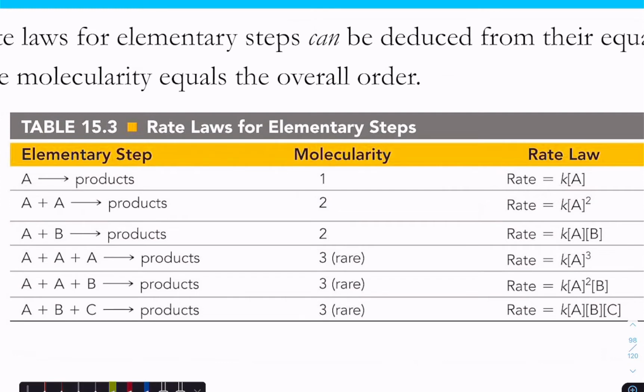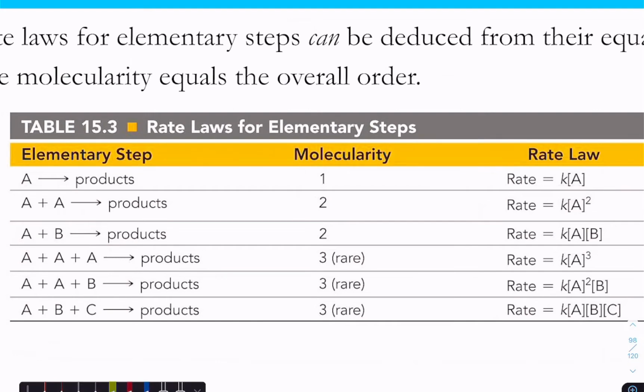And then we could have termolecular. I guess there'd be 3 factorial, so 6 total combinations, right? It could be AAA, or AAB, or ABC, or BBB.